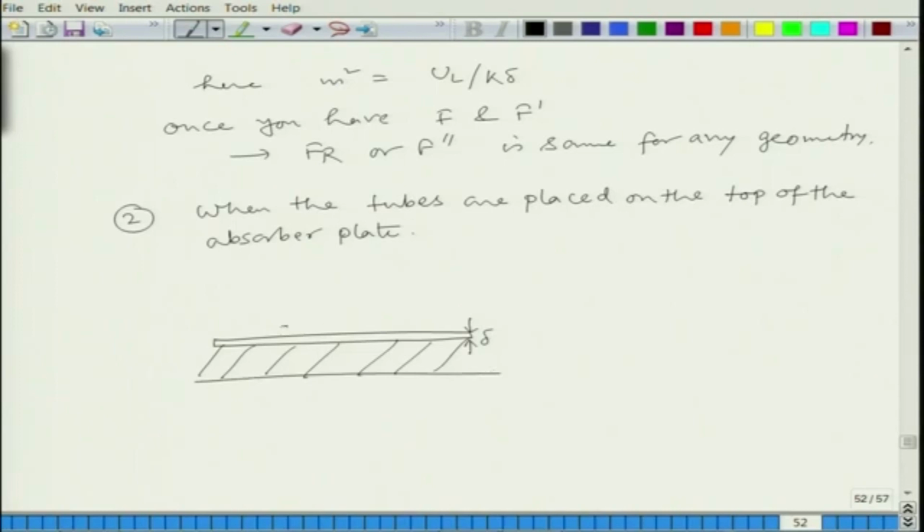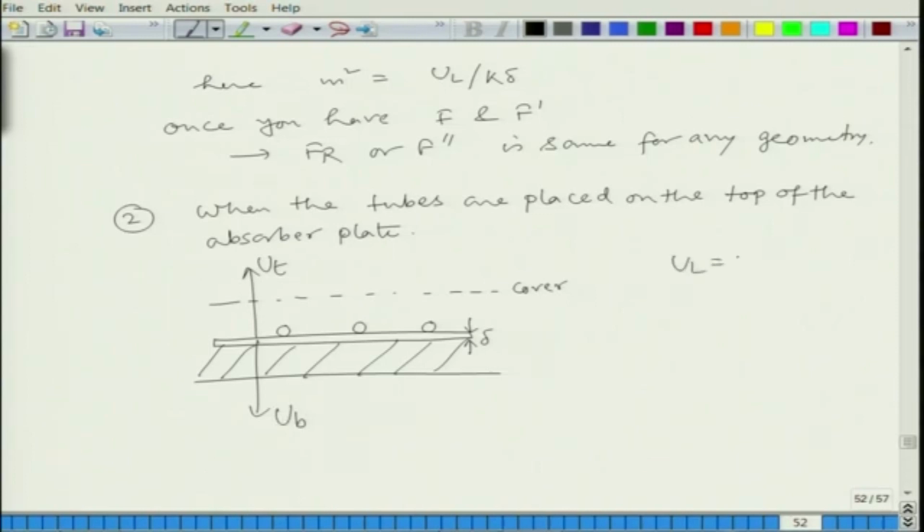And the tubes are on the top of the plate, not at the bottom of the plate, and then you have this cover. And you have this UT and UB.